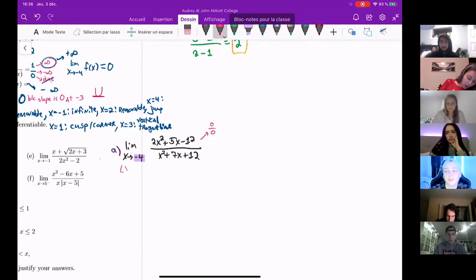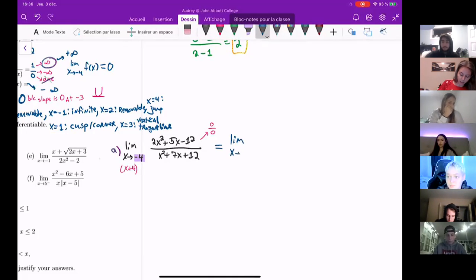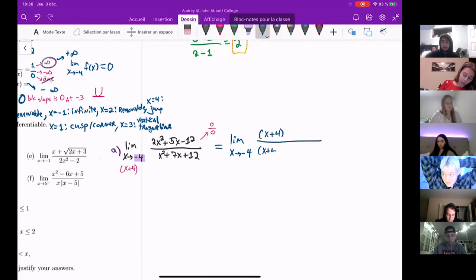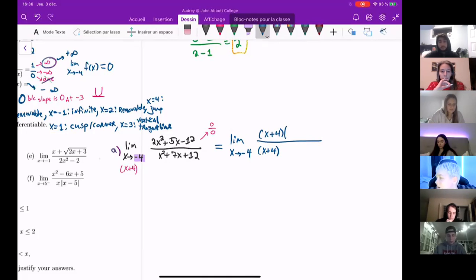So that means I'm trying to get an x plus 4 out. So we're going to do the limit as x approaches -4. And I know I'm going to have an x plus 4 on top and an x plus 4 on bottom. So what is my other factor on top? 2x minus 3. You got it.